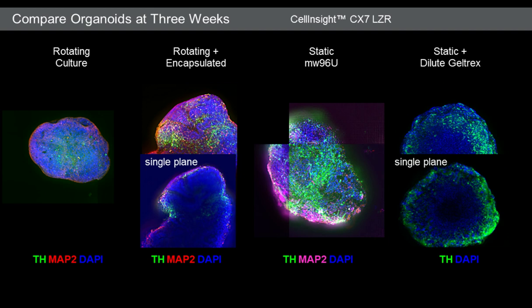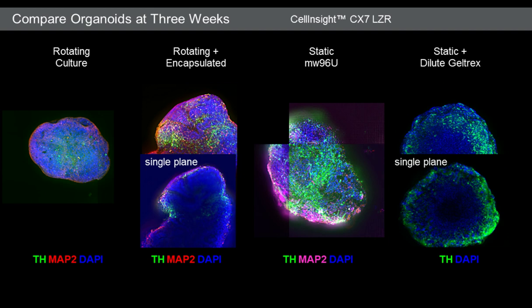So the first example here is from free-floating organoids specified in rotating culture. At 3 weeks, these have abundant MAP2 positive neurons around the outside in red, while the tyrosine hydroxylase positive dopaminergic neurons, marked in green, are a subpopulation with relatively short projections.